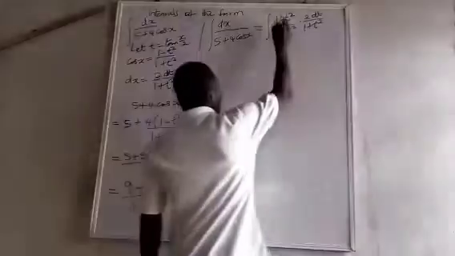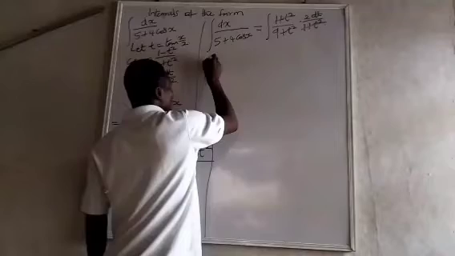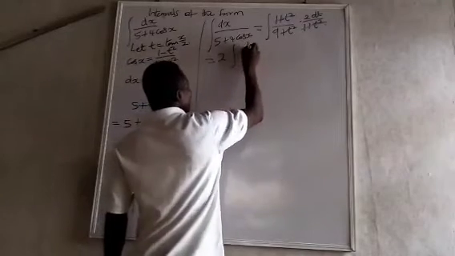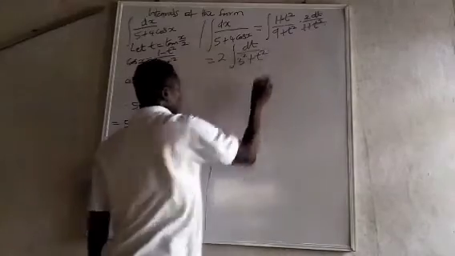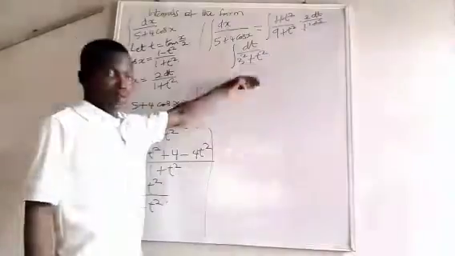So, we can now have it like this. So, we are going to have 2 dt over 3 squared plus t squared. You see? So, we can now work conveniently with this.